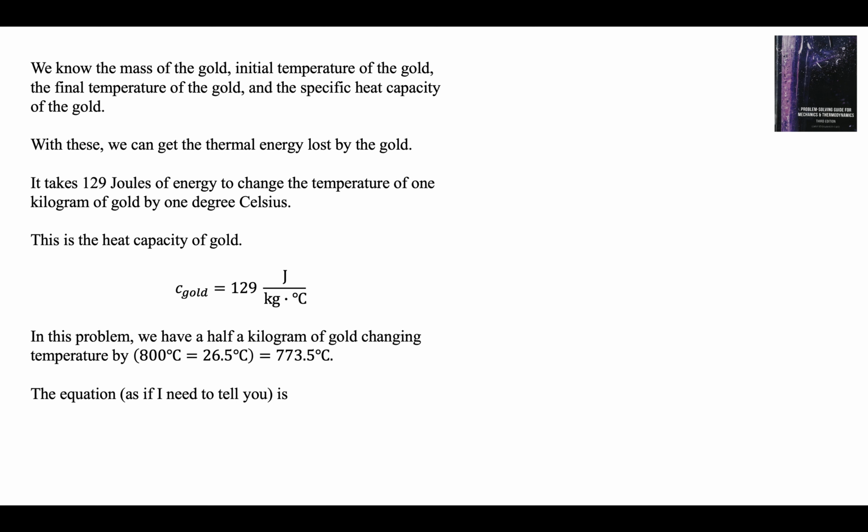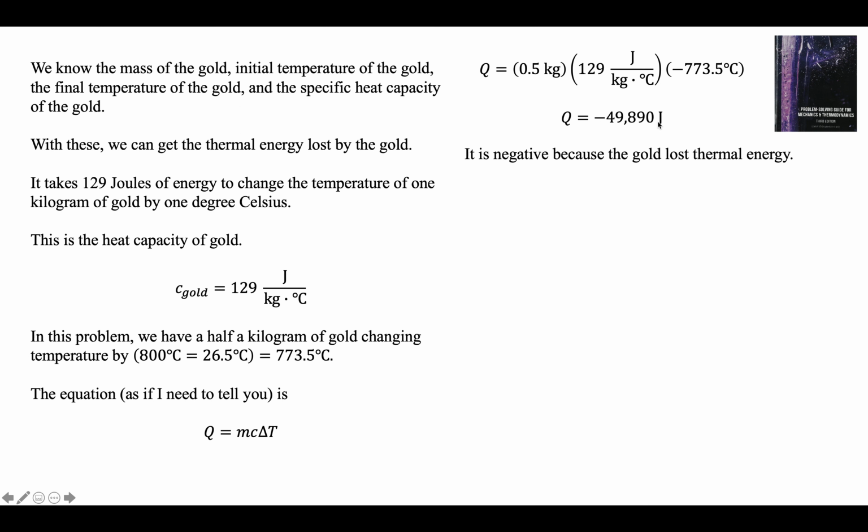The equation is this. It should make sense. You shouldn't have to remember that equation. So it's a half a kilogram. There's the specific heat. There's the temperature change. Q is minus 49,890 joules. Where did this thermal energy go? It went into the water. The gold lost this thermal energy. The water gained that thermal energy.